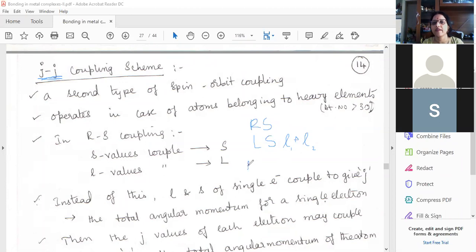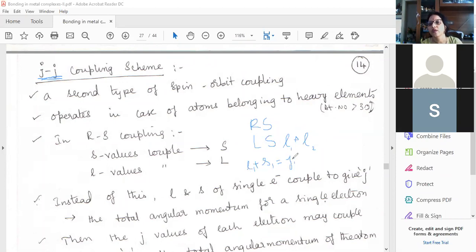Each electron will have one l1 and one s1. If I couple both of them, what I get is small j1. So for a single electron, coupling gives a small j value. If overall coupling of capital L is done, you get the capital J value.